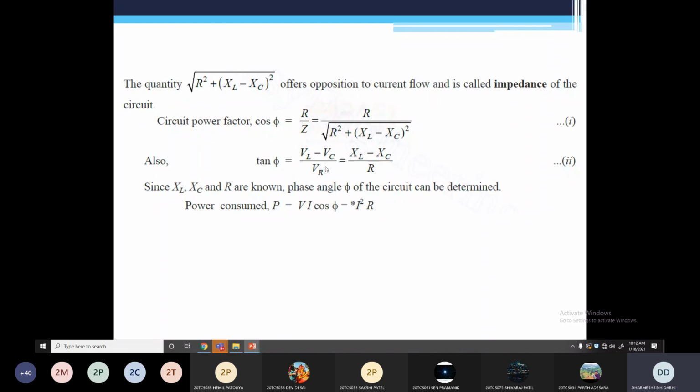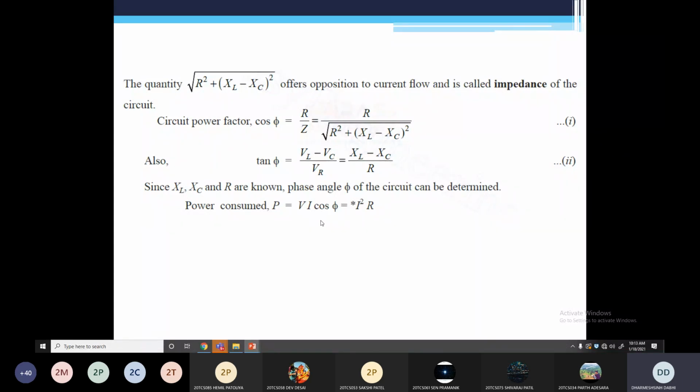Here not only VL or VC, both are present, L and C. So tan phi is VL minus VC divided by VR, or you can write XL minus XC divided by R. Clear? If you take I common, in the numerator and denominator the I's cancel out. So you get the equation of tan phi as XL minus XC divided by R. If you know the values of XL, XC and R, you can calculate the phase angle of the circuit.